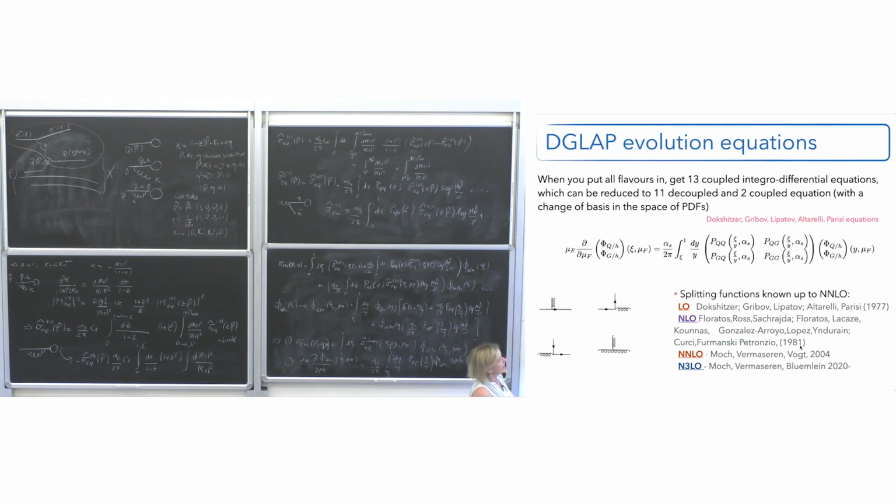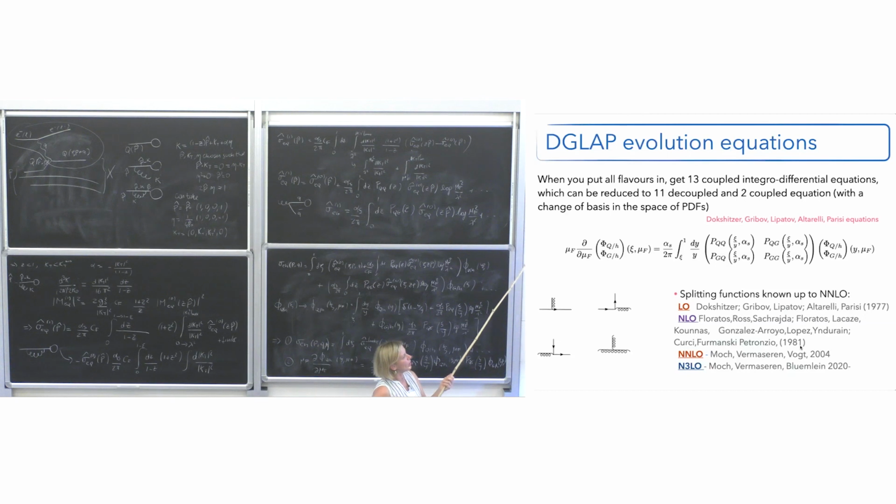So these 13 coupled differential equations are the ones that I wrote here, so this is a 12 times 12, because at least at leading order you get the same for quark and antiquark splitting functions, okay? And then this is the quark-gluon and QG.